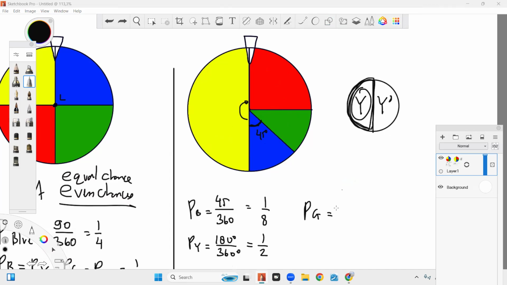That's it. 1 out of 8. You don't have to put 45 over 360. It's a waste of time. Red, without using angle, how many parts? The probability is 1 out of 4.